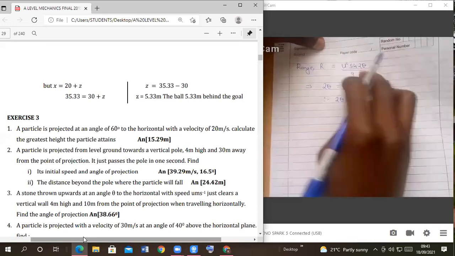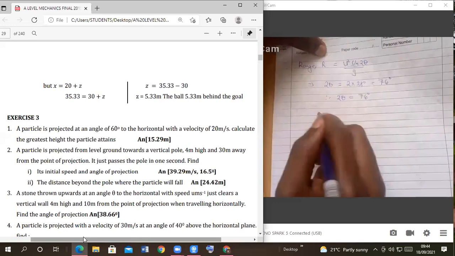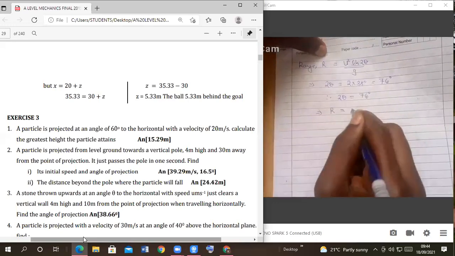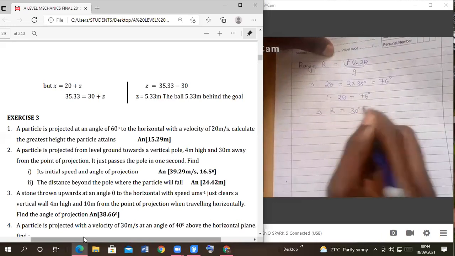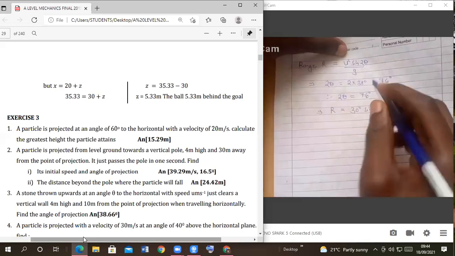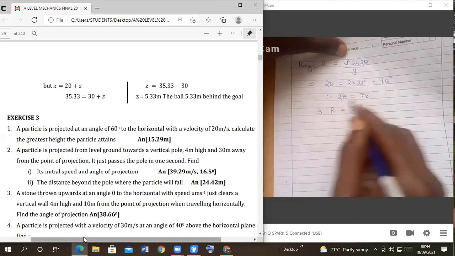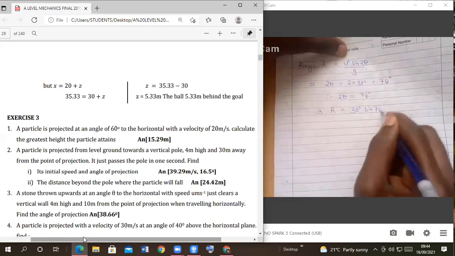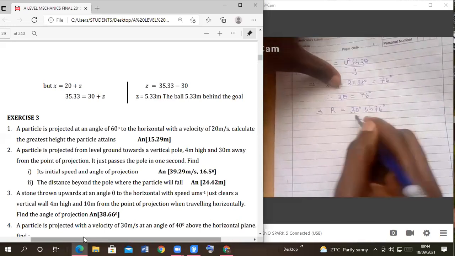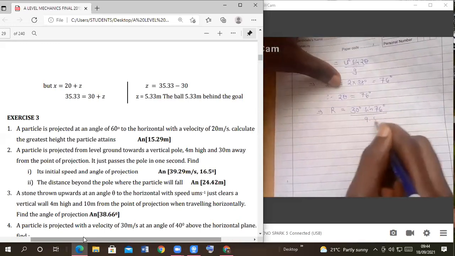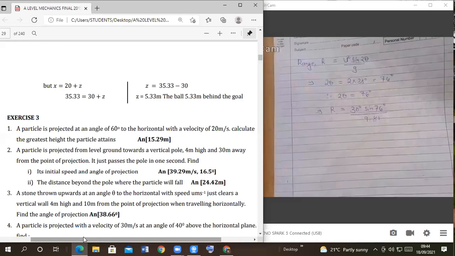Many of you make mistakes here. So R will be equal to 30 squared sine. Now don't put the 2 again, because I've already got 2 theta here. So just put sine of 76, divided by 9.81.